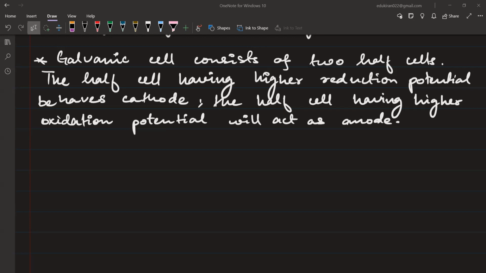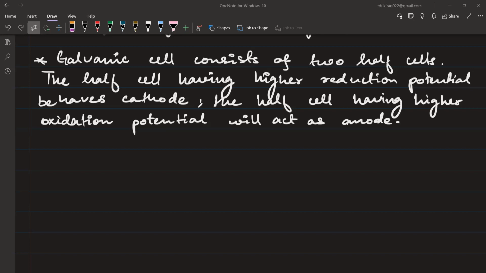Sir, is the Daniel cell and galvanic cell same thing? Daniel cell and galvanic cell. No. Daniel cell is a specific type. Galvanic cell and electrochemical cell are same.